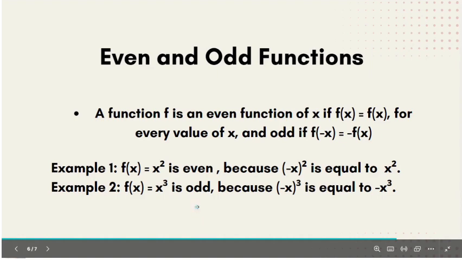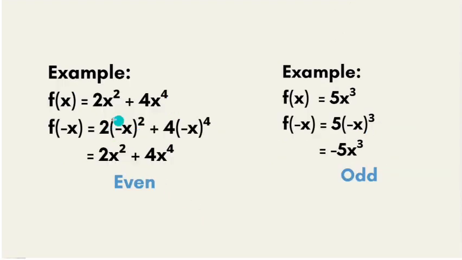Another example we have here is f of x equal to 2x squared plus 4x raised to 4. Here we will replace the x with negative x. So f of negative x is 2 times negative x raised to 2, plus 4 times negative x raised to 4.